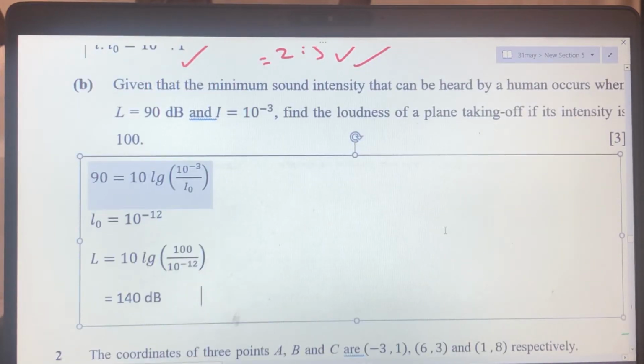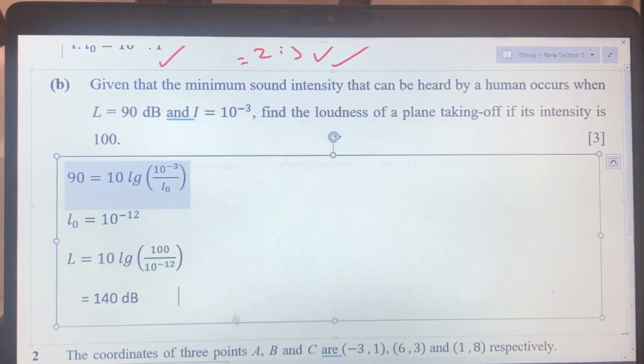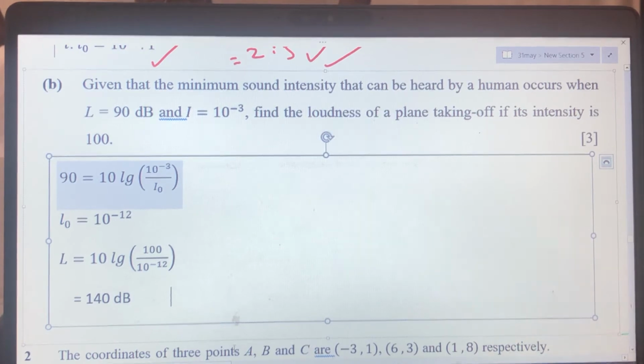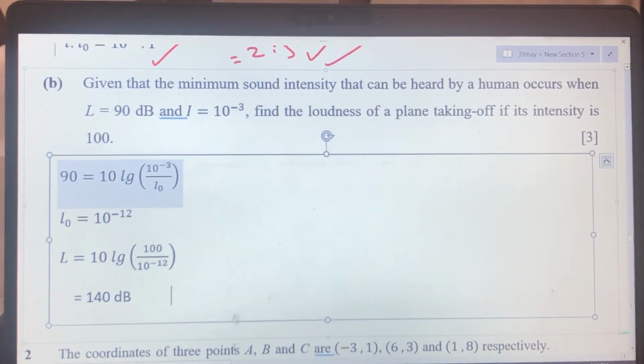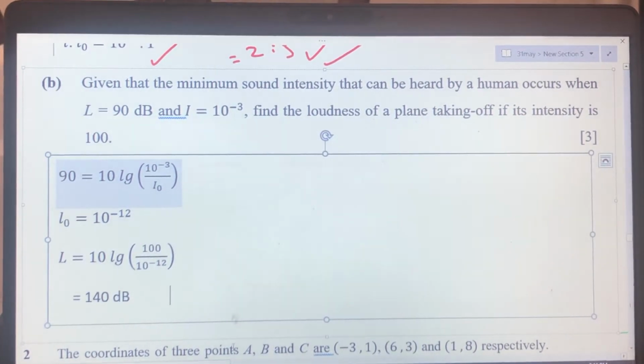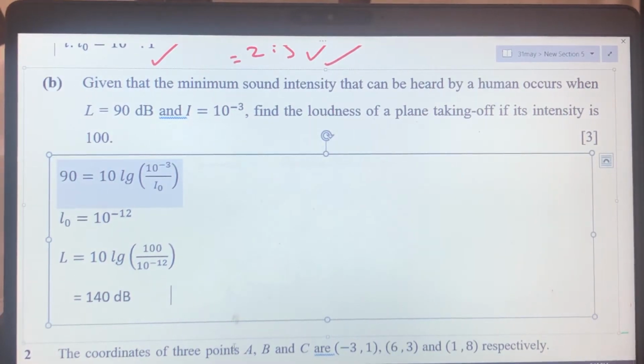Now, given that the sound intensity can be heard by a human being occurs when L equals to... give me a minute. Is it focused? I hope it's focused.